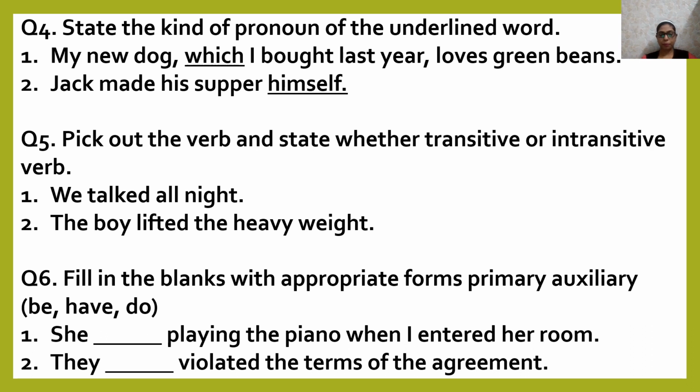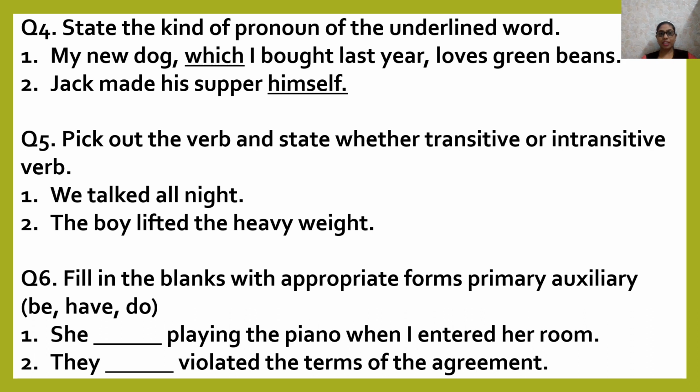Question 4. State the kind of pronoun of the underlined word. Now, the first sentence is, my new dog, which I bought last year, loves green beans. In this sentence, the pronoun underlined is which.